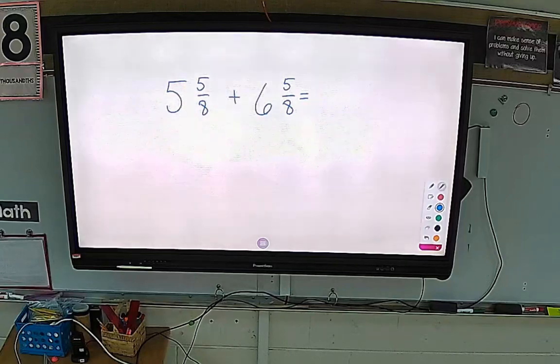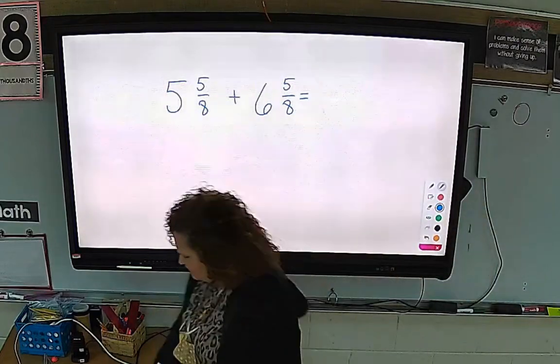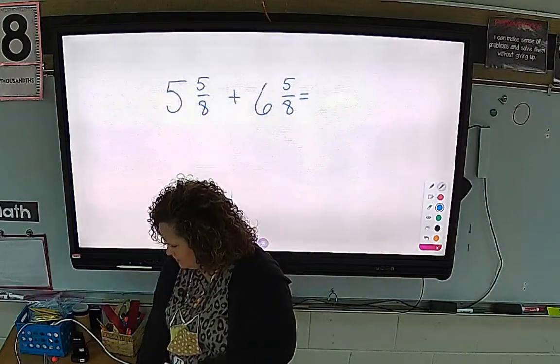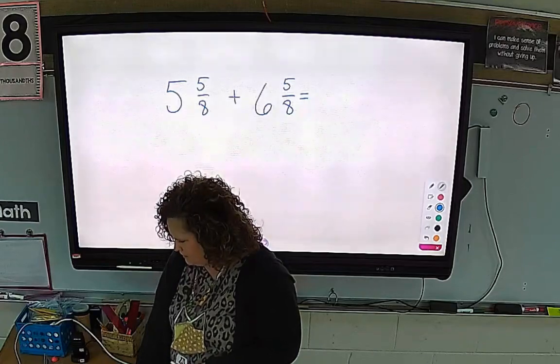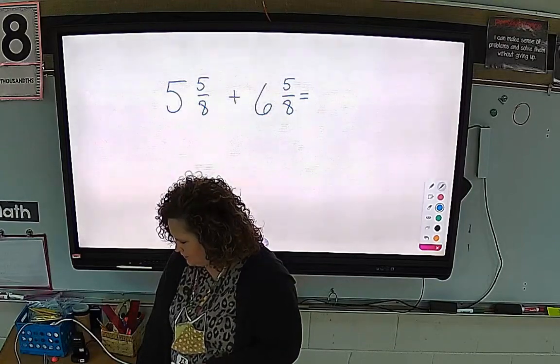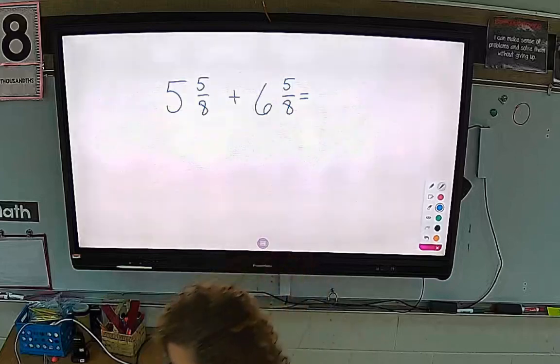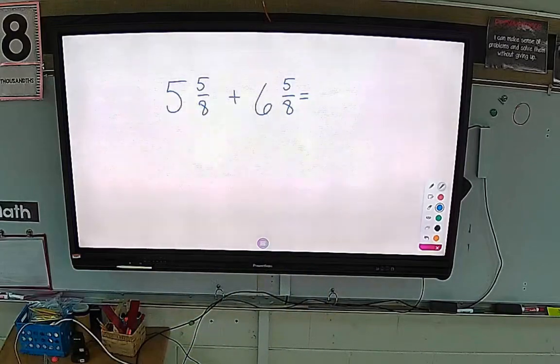Can we just do this exact? No. Yeah. We just pretty much. I know the fraction part's the same. The whole numbers are a little different. That's okay. Well, that's fine. All right, so you're going to add your whole numbers.